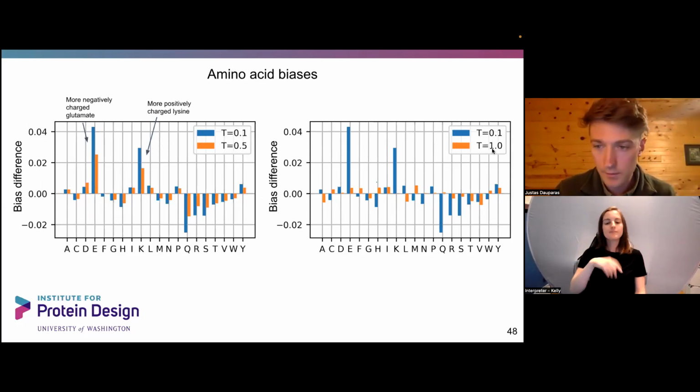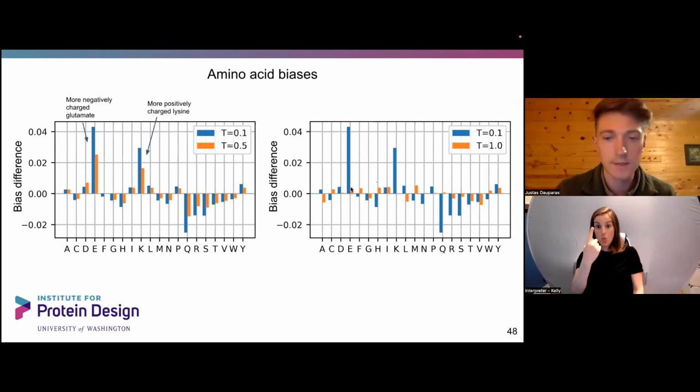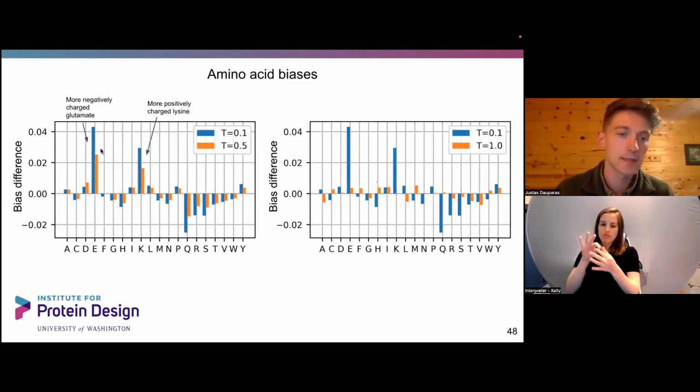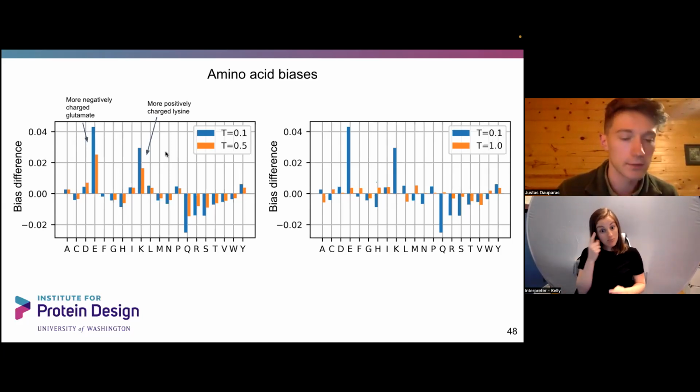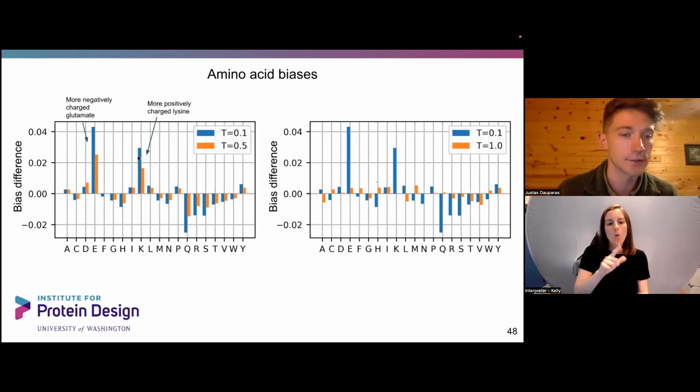At temperature 1, which is what the model was trained at, it's matching quite well, so there's only a really, really small bias with respect to the true distribution. But this bias is quite interesting: the model is trying to put more glutamates and lysines on the surface, positively and negatively charged amino acids, and it's reducing polar amino acids.